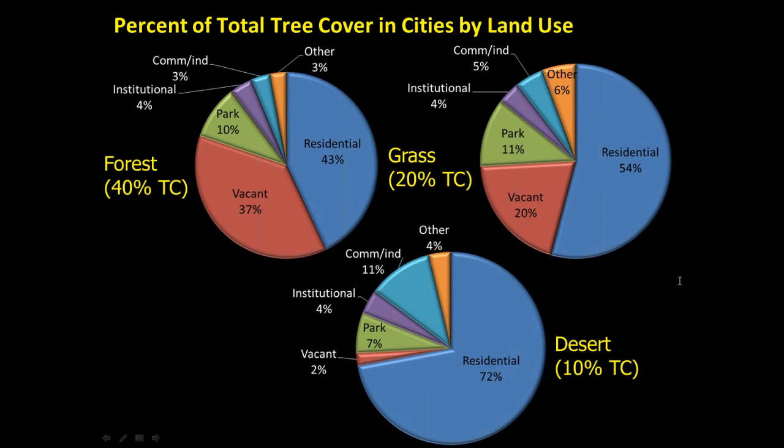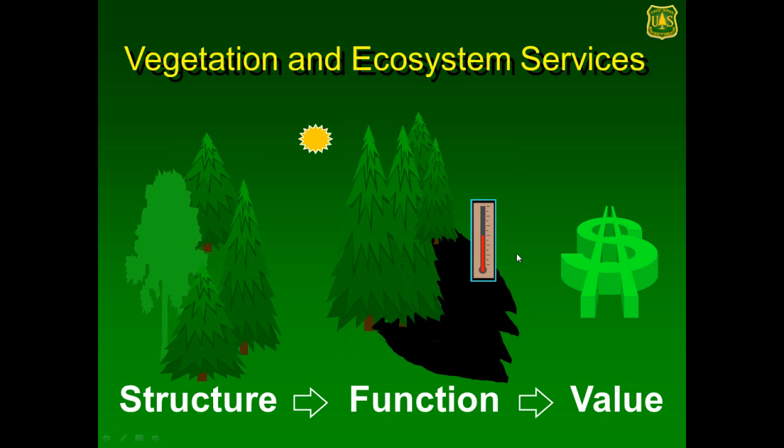Why is this important? What this graphic shows is structure. Structure is the amount of canopy that you have, the number of trees, the species, their locations. It's the things that you can physically see about the forest. That structure determines the functions or ecosystem services derived from the vegetation. And those ecosystem services provide a value to society. So when you manage a city, we're managing to optimize values on the right-hand side.